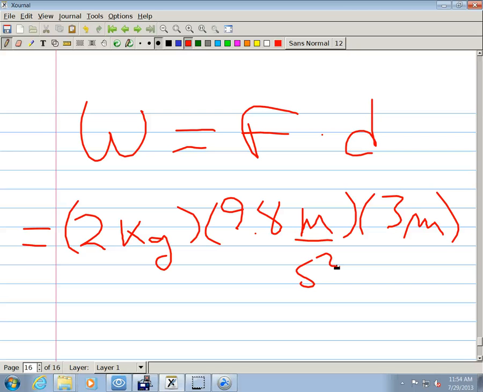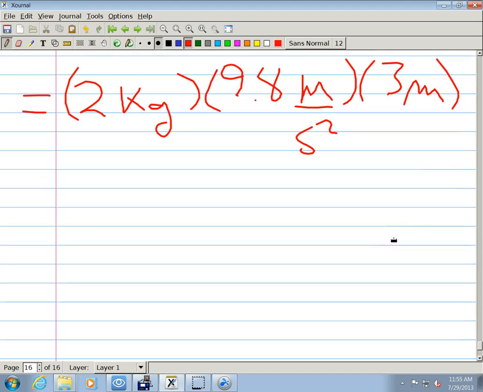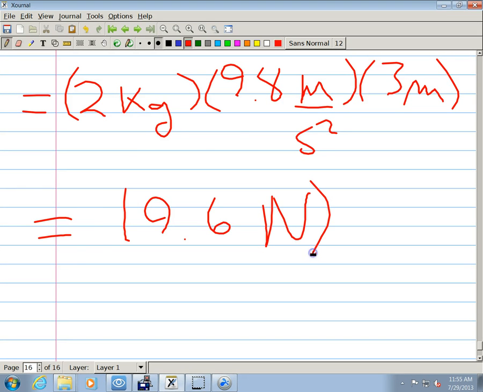All right, so what do you get? Well, what is 2 times 9.8? You can do that in your head, can't you? 19.6. Okay, so 19.6 kilogram meters per second per second. There's a name for that. Newton, named after the guy who got clonked on his head with an apple due to gravity.